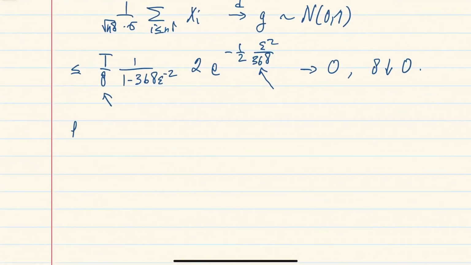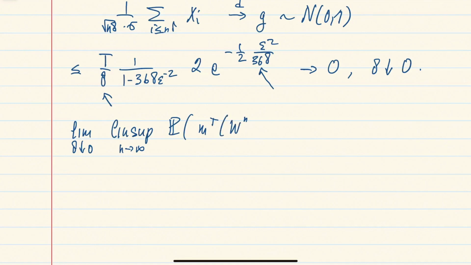we proved that the limit when delta goes to 0, of the lim sup when n goes to infinity, of the probability that the modulus of continuity of the process Wn, which is this rescaled random walk, exceeds epsilon, is 0 for any t and any epsilon.